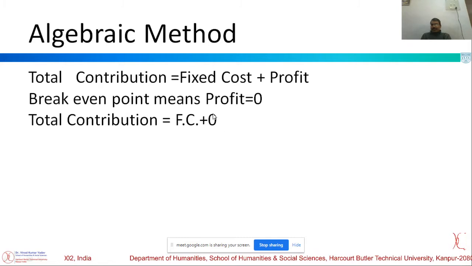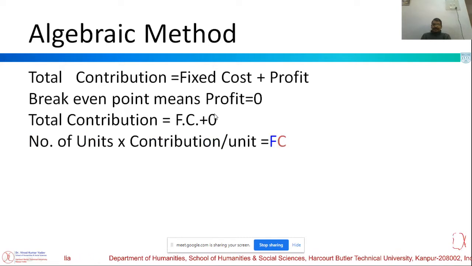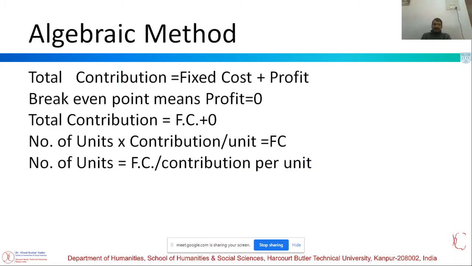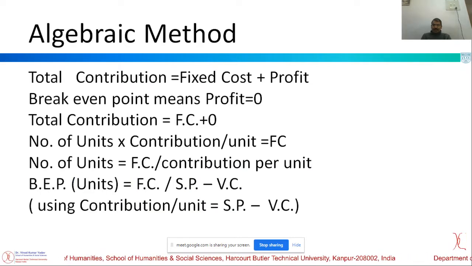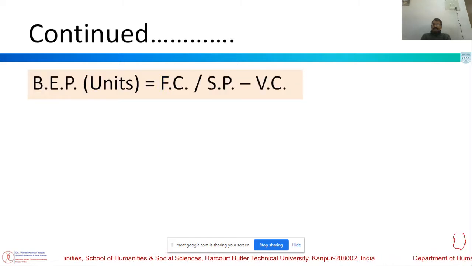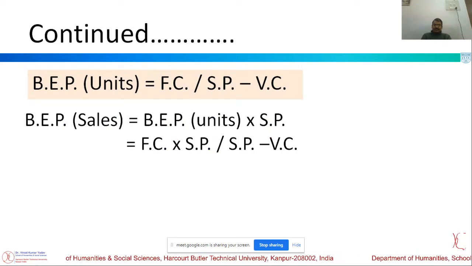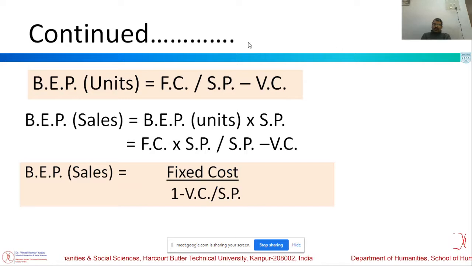This will remain FC plus P. So this will be fixed cost plus profit upon 1 minus VC upon SP. So it will change to FC plus P here, and this will not be the break even point. It will be the sales.